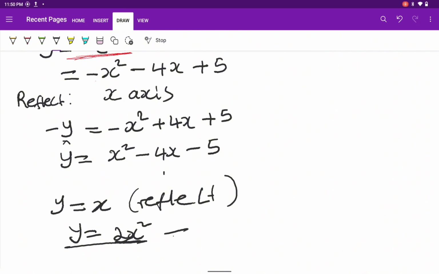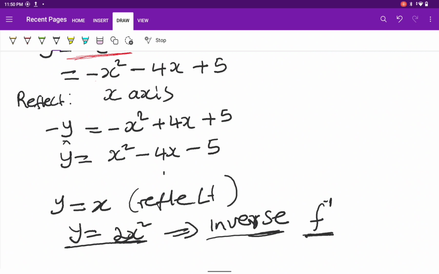So let's not forget that we said the reflection along the line y equals x is the same as calculating the inverse, and the symbol for that is something like that. When we see that, we know they are asking about the inverse. This symbol is about the inverse, and the inverse is the same as reflecting along the line y equals x. So let's remember all these things are correlating, right?